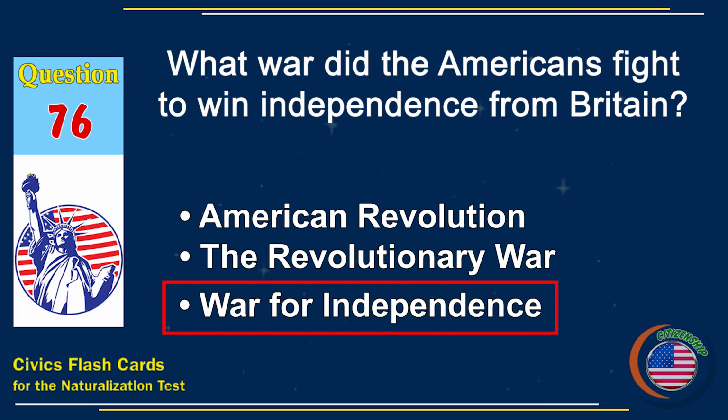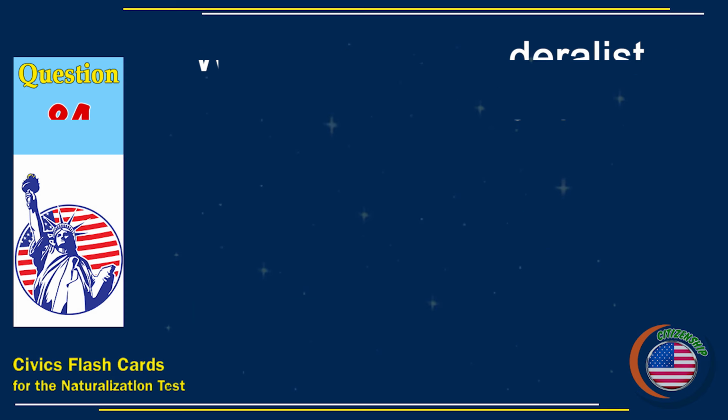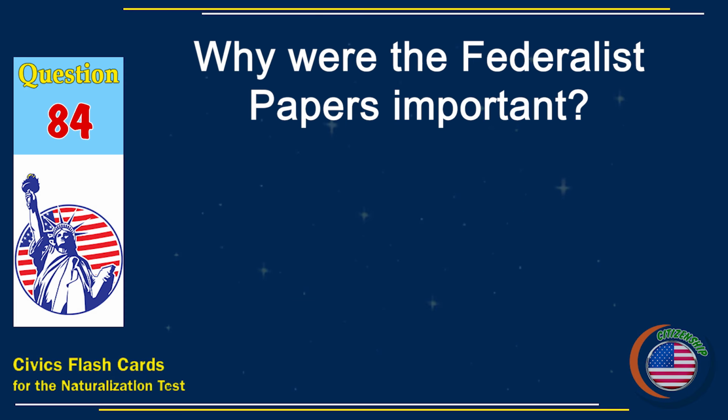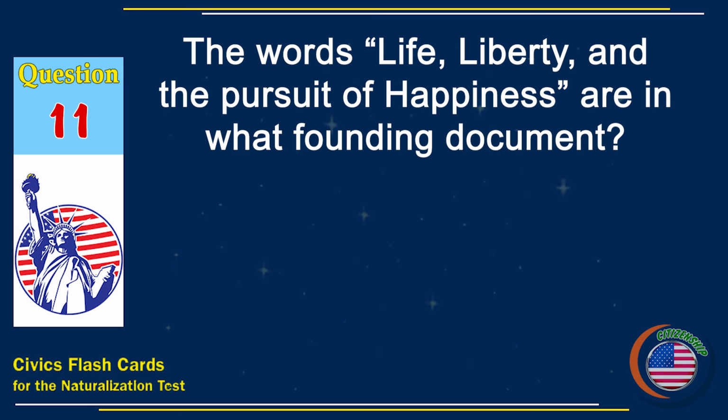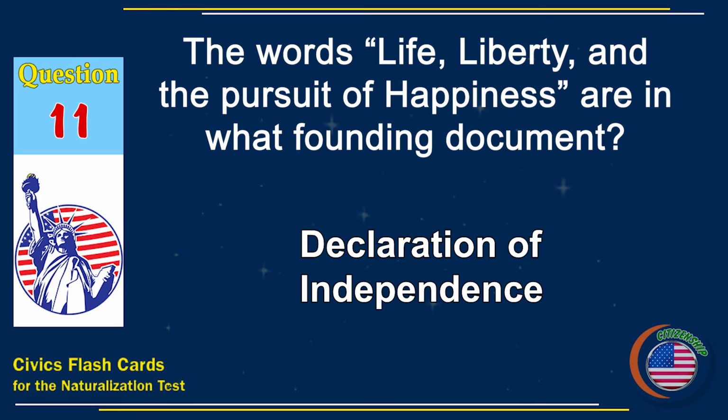War for Independence. Why were the Federalist Papers important? They helped people understand the Constitution. The words life, liberty, and the pursuit of happiness are in what founding document? Declaration of Independence.